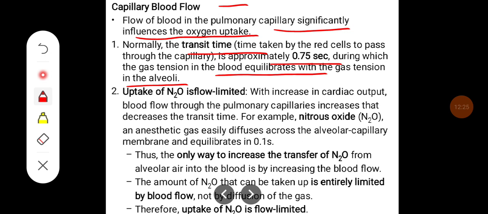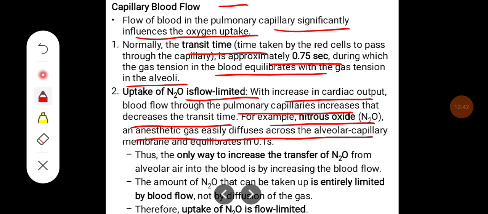Uptake of nitrous oxide is flow limited. So, with the increase in the cardiac output, blood flow through the pulmonary capillaries increases, which decreases the transit time. For example, nitrous oxide, an anesthetic gas, easily diffuses across the alveolar capillary membrane and equilibrates in 0.1 second.